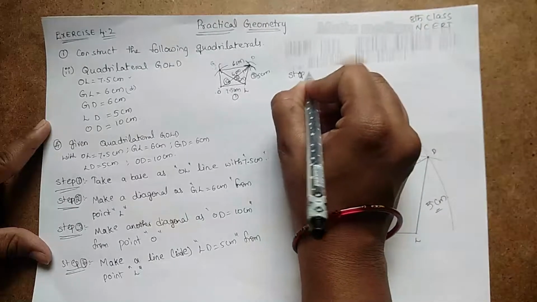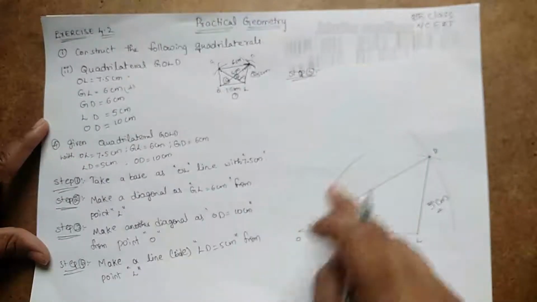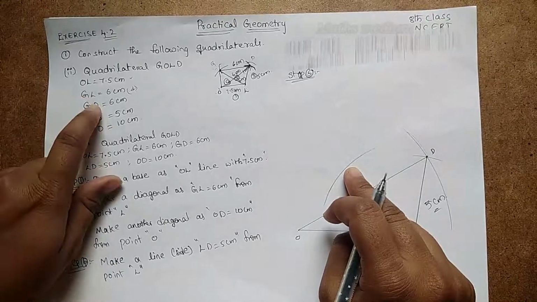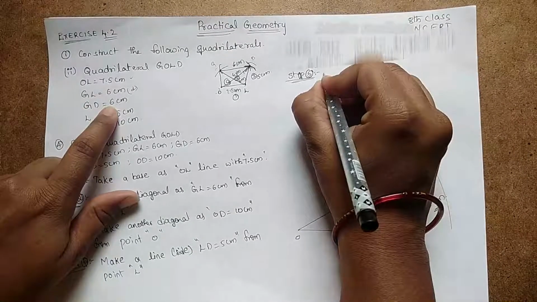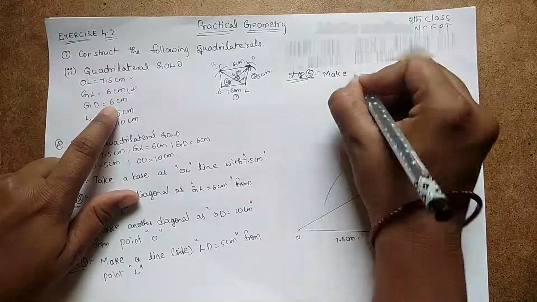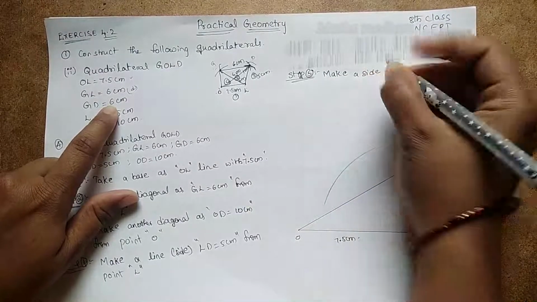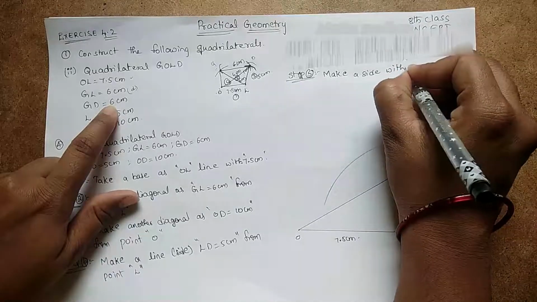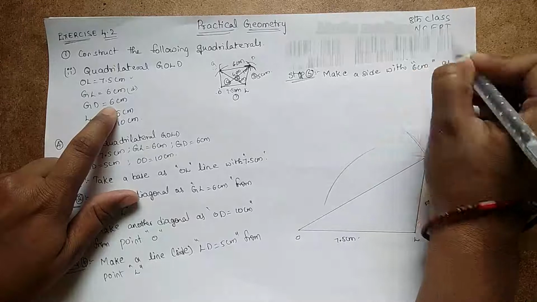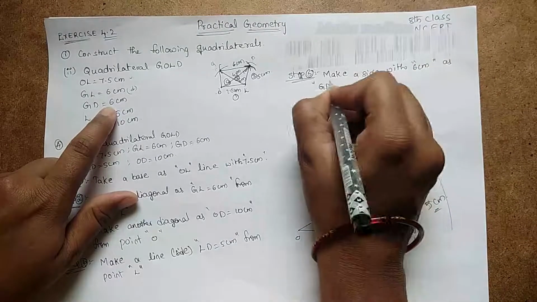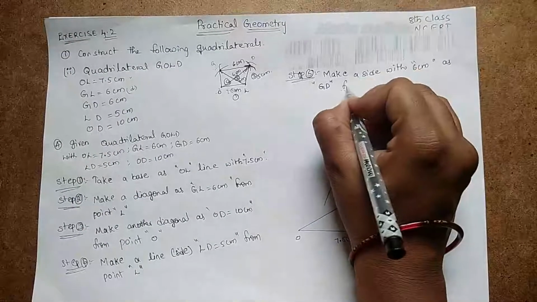Step 5, we have to make another side. From D we have GD. So make a side with 6 centimeters as GD.